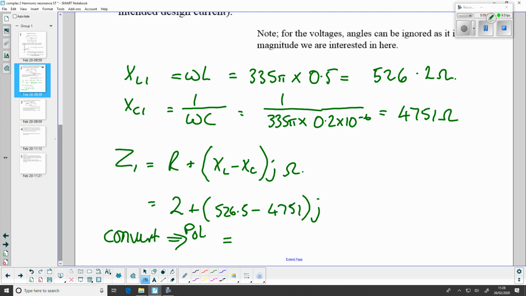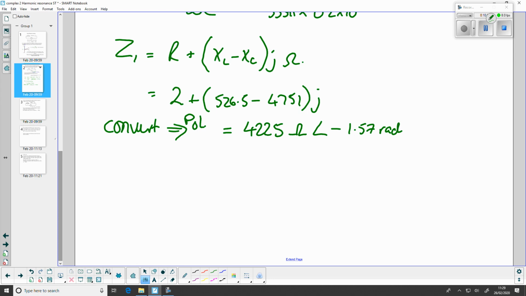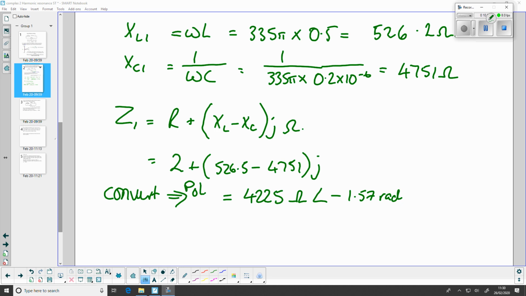Please just check these calculations. It's 4225 ohms, angle minus 1.57 radians. Check the impedance at the fundamental frequency.